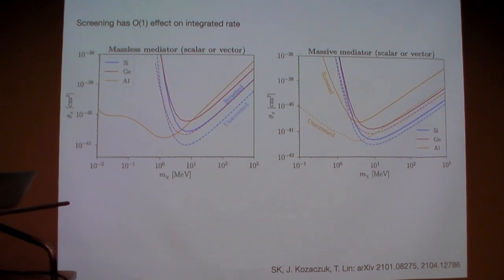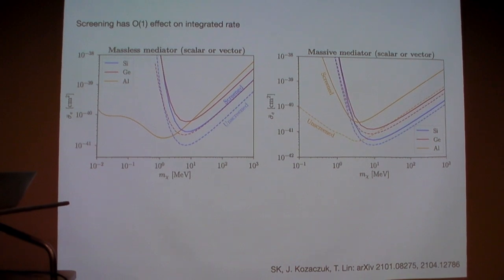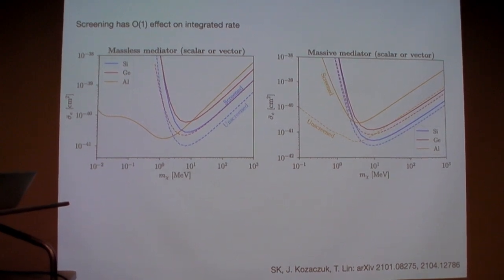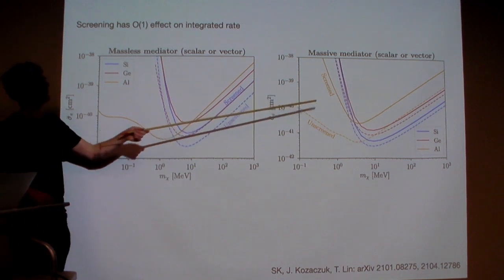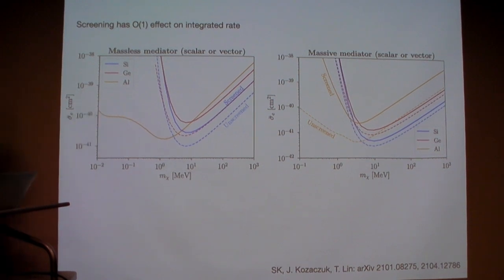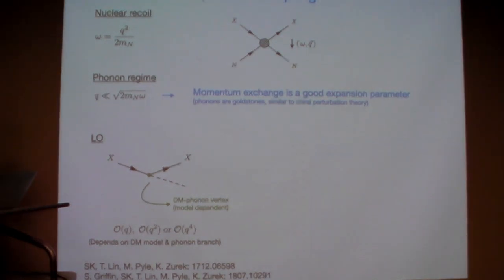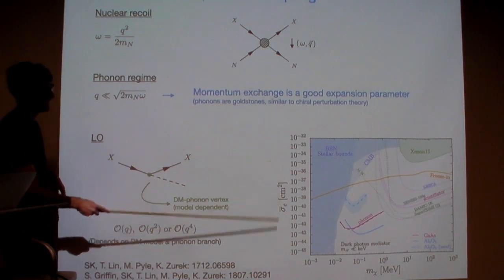That's right. The typical benchmark model people like to use is a dark photon, which you can have either in the 100 MeV to GeV range, in which case it would be a massive mediator case, or you can take it to be extremely light but extremely weakly coupled, and then you're in this region. Both of these work. For instance, this plot that I poorly explained is with a very light dark photon mediator.